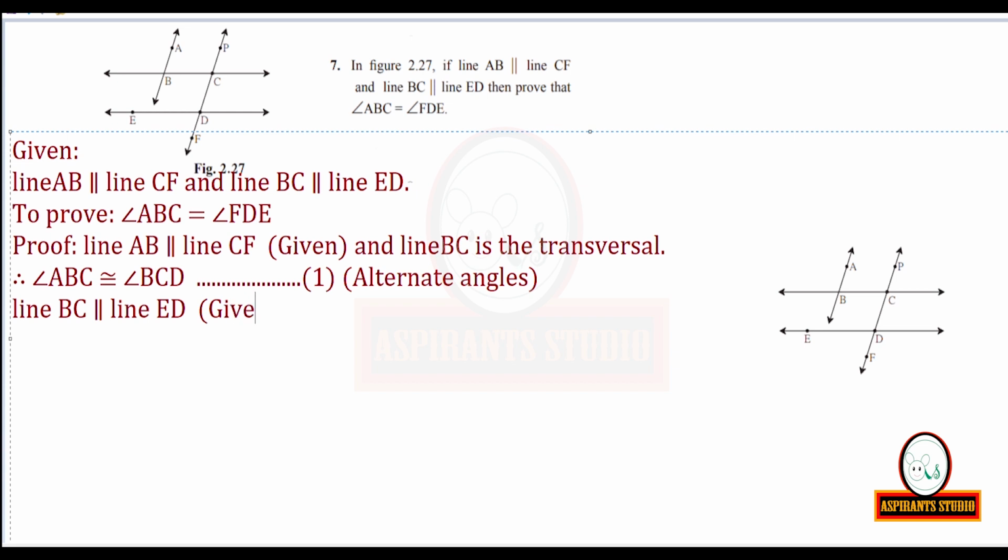Now the corresponding angles here, angle BCD and angle FDE, are congruent. So angle BCD is congruent to angle FDE, because the corresponding angles are congruent. Take this to be equation number 2.